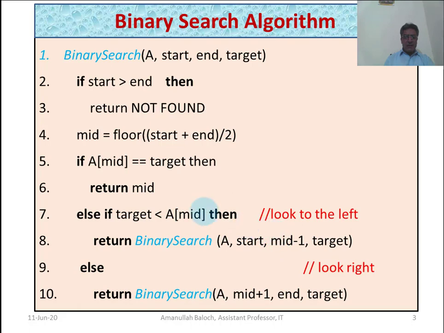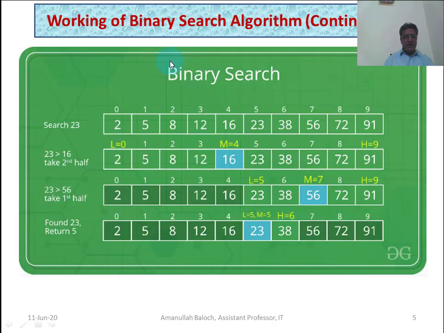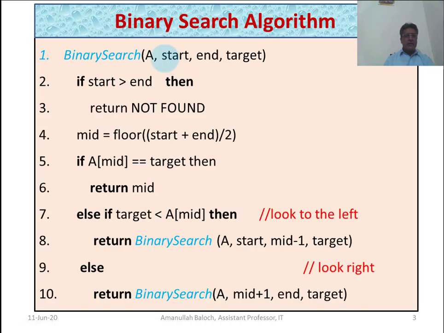Start is 1, end is 0, and the target value will be something. So the computer will call the binary search algorithm and send the array to this a variable, 1 to this start, 0 to this end, and the target value to this one.